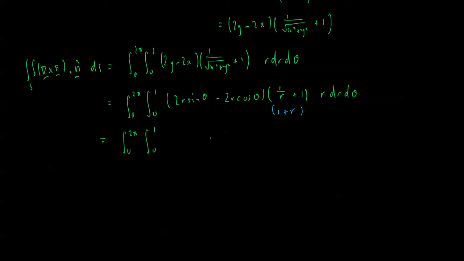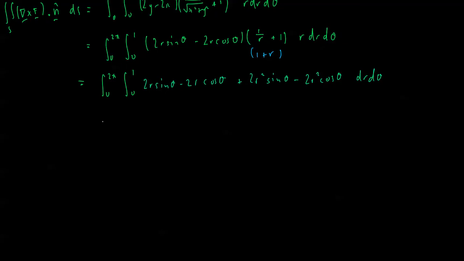So I'm going to get one of those, which is just going to be 2r sine theta minus 2r cos theta. And then I'm going to have plus r of them. So 2r squared sine theta minus 2r squared cos theta dr d theta. And now I can integrate that nicely.